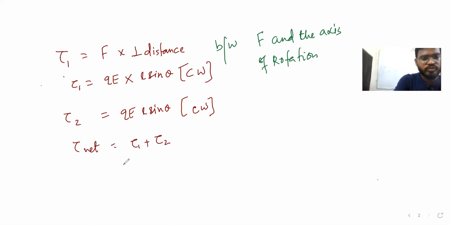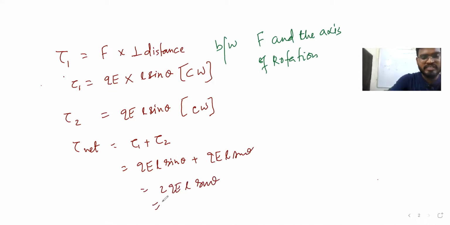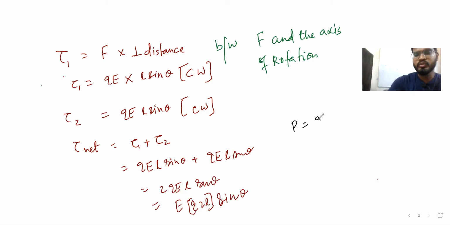So net torque is going to be torque 1 plus torque 2. So we can say QE L sin theta plus QE L sin theta. So 2QE L sin theta. Now guys, E and then Q into 2L sin theta. Q into 2L is what? Everyone knows, P, right? So we can say P is equal to Q into 2L, right?